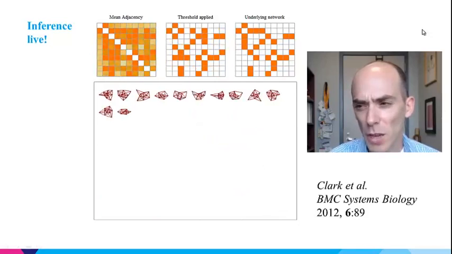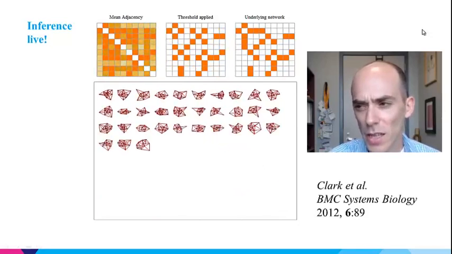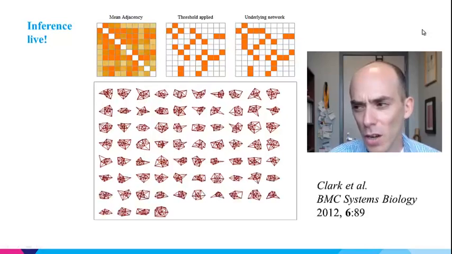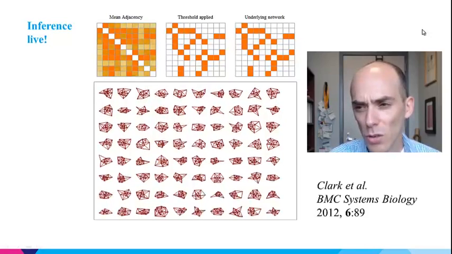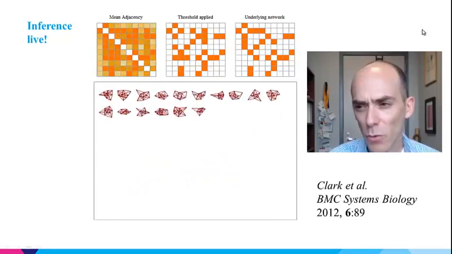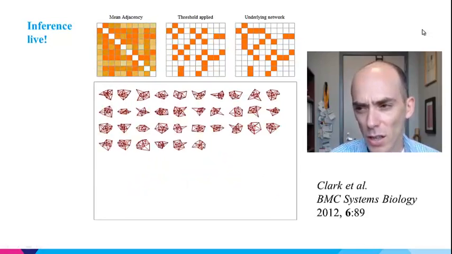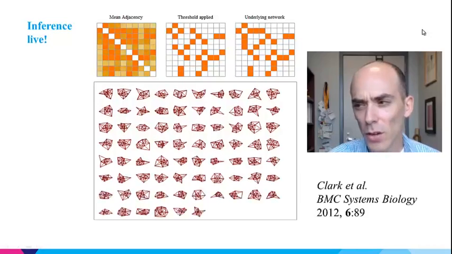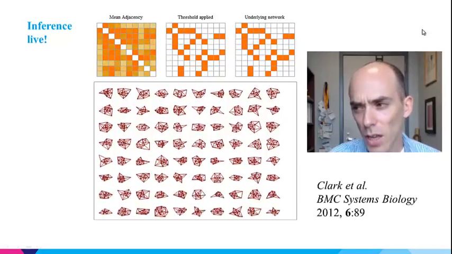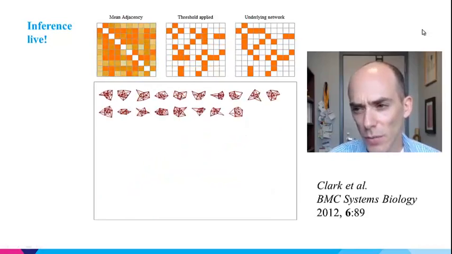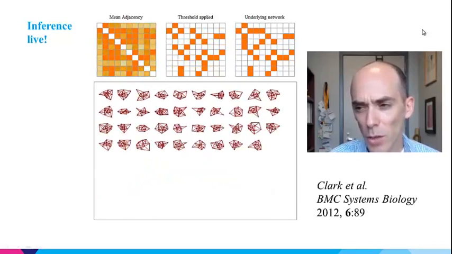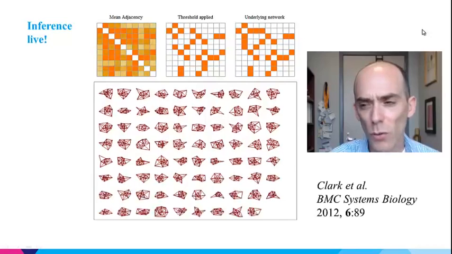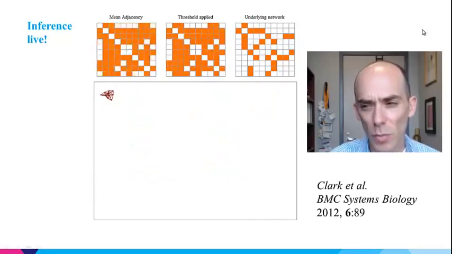The adjacency matrix in the center is the same as the one on the right, but here we applied a threshold to only include the most frequent interactions. The small networks that you see are randomly connected subnetworks that are consistent with the data. We need to create many of them to arrive at the correct solution, or to fully recover the network topology.